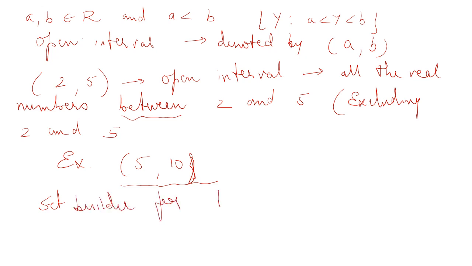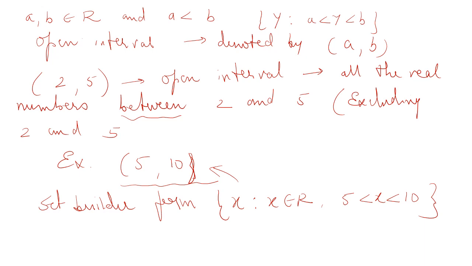We write x such that x belongs to R, comma, x is greater than 5 and less than 10. This is the set builder form of the open interval (5, 10).